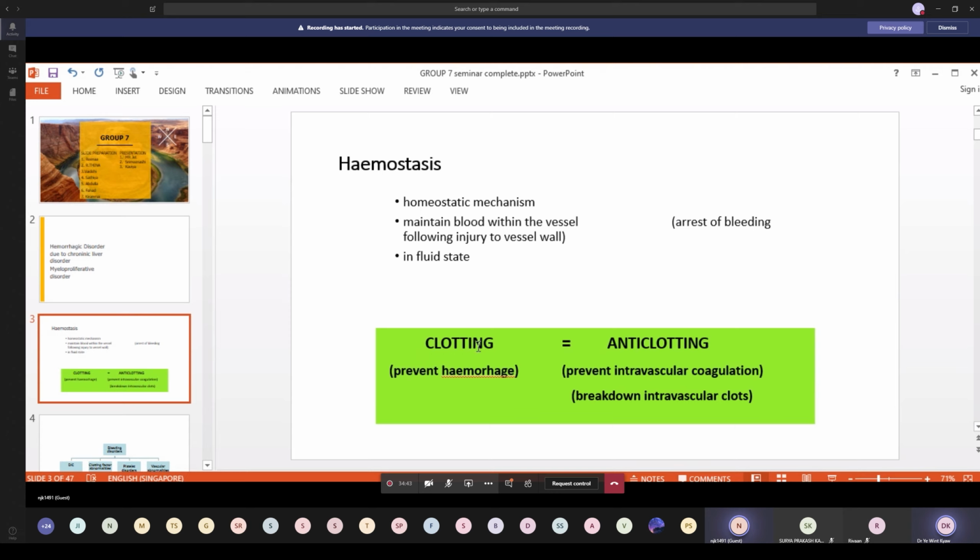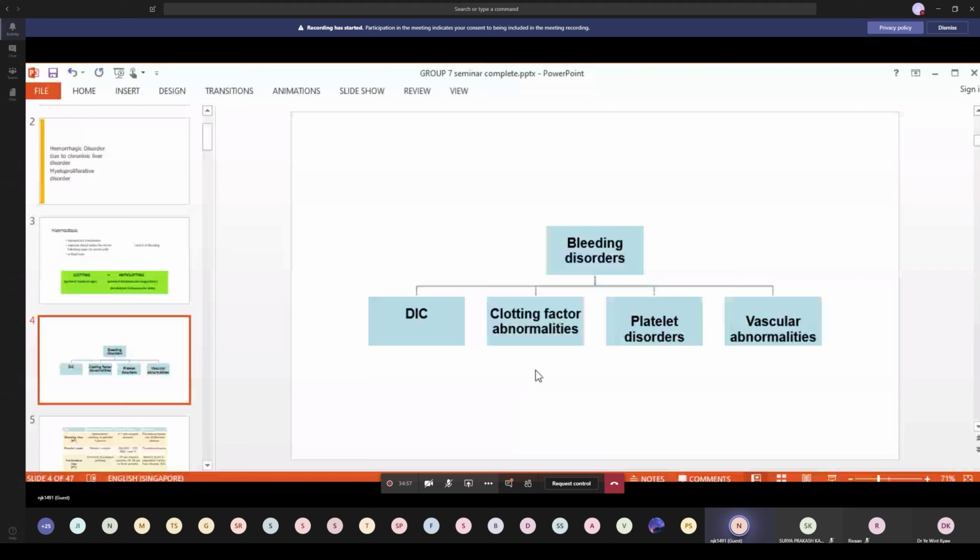So basically, to prevent hemorrhage, we do clotting, and to prevent intravascular coagulation and break down intravascular clots, we do anti-clotting. In the lecture, the doctor said that for bleeding disorders we have 4 categories: DIC, clotting factor abnormality, platelet disorder, and vascular abnormality.